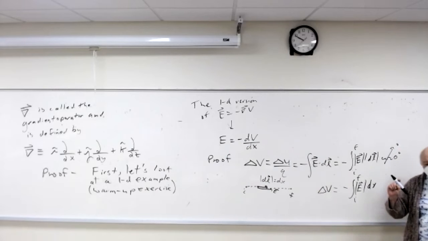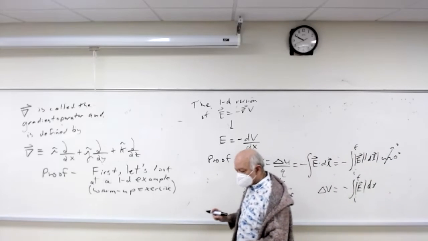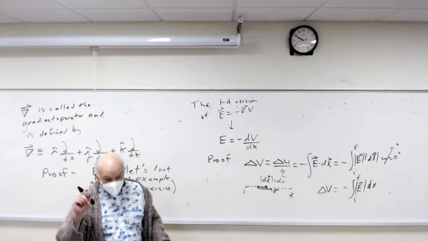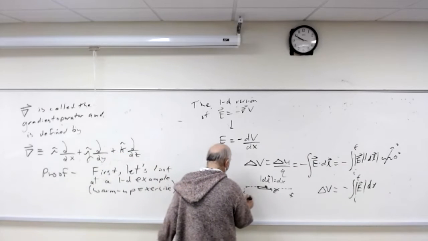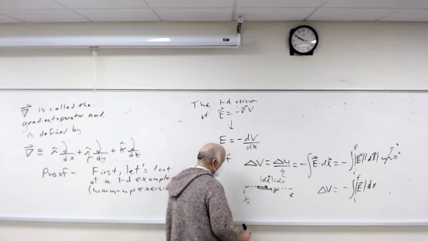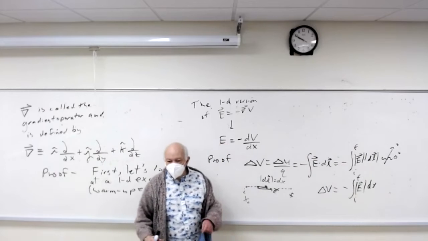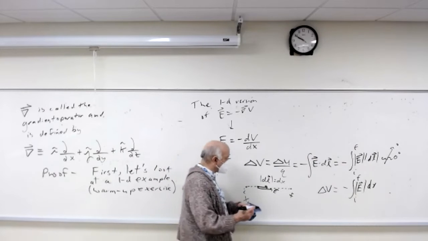Now, how do you define a delta? Final minus initial. So I'm going to call the initial spot x naught, and the final spot I'm just going to call x.